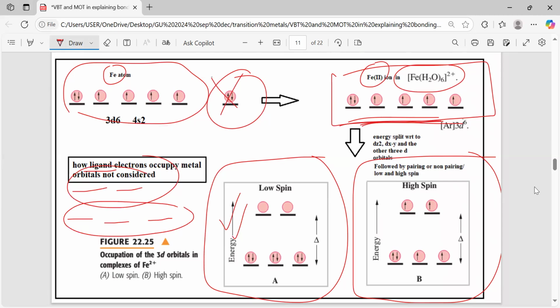However, we can still do what? We can still fill, then jump. So we fill the lower ones, 1, 2, 3, then go up, 5, 6. Then we start pairing from the bottom like that. When we do that, what has happened?